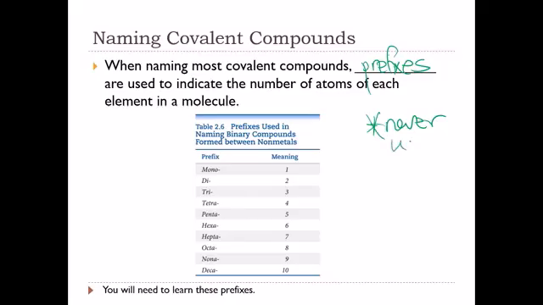So never use prefixes for ionic compounds. But the prefixes are: if there's one of something, mono; di for 2, tri for 3, tetra 4, penta 5, hexa 6, hepta 7, octa 8, nona 9, deca 10. So you should know these prefixes.